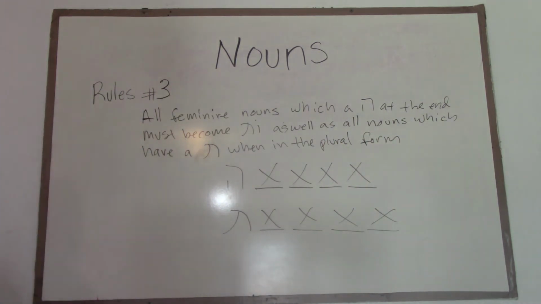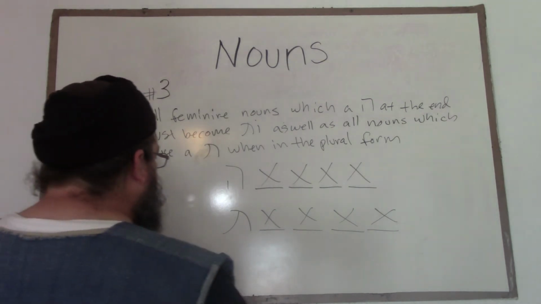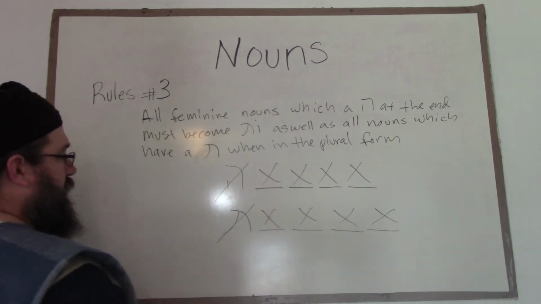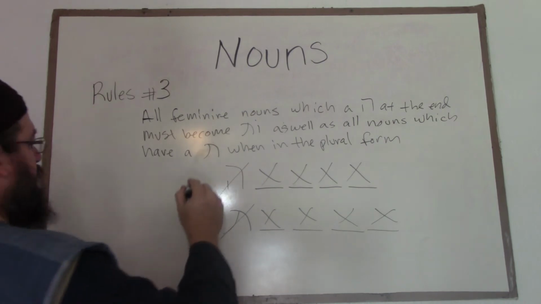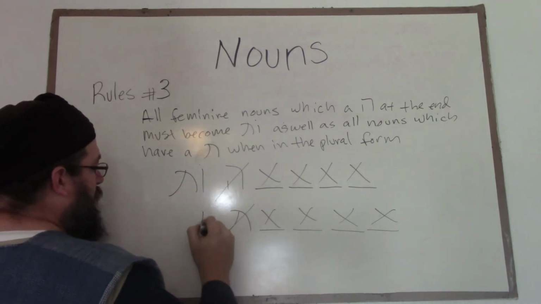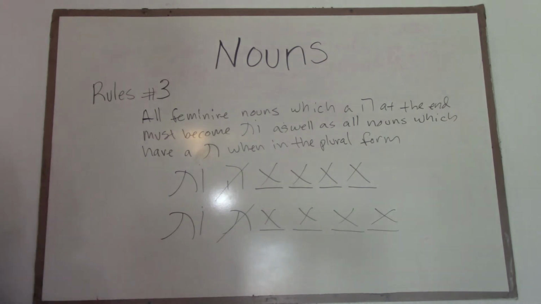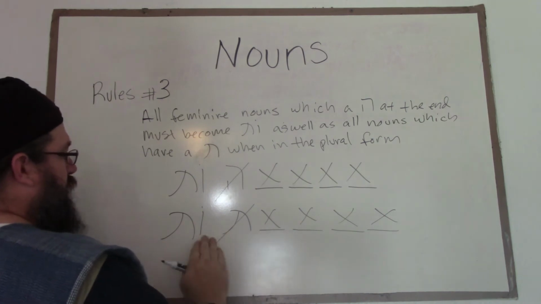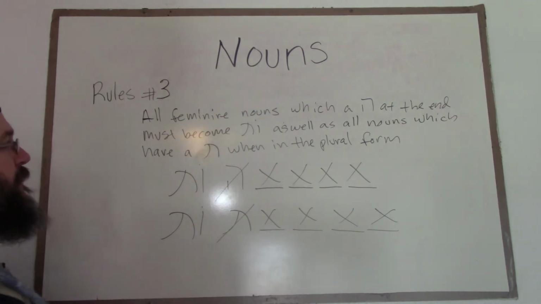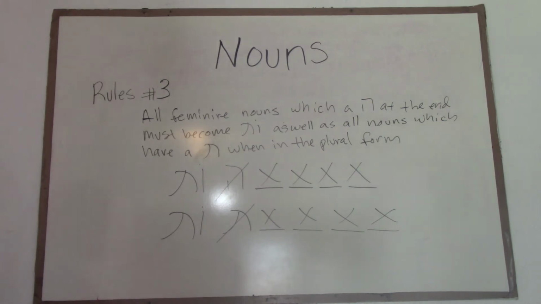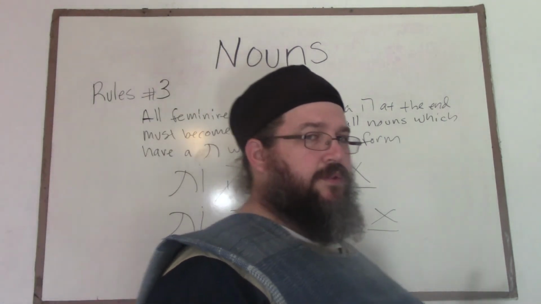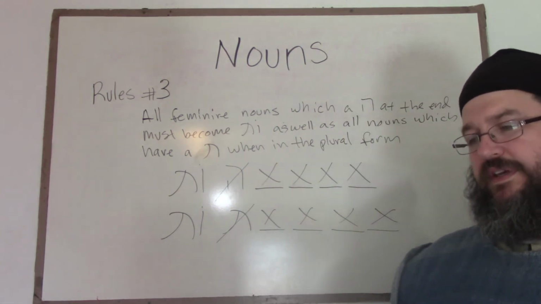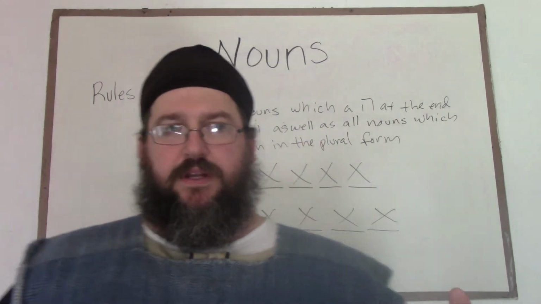Okay? So I know that if I have a tav or a hey at the end, I'm going to have to immediately eliminate the hey and the tav, and I'm going to have to replace it with an ot at the end. And therefore, the hey and the tav will be erased and ot will be put in its position. Okay? Now, how do I know if the noun I'm looking at is an actual irregular noun, which means it's an actual masculine noun, but it looks feminine?